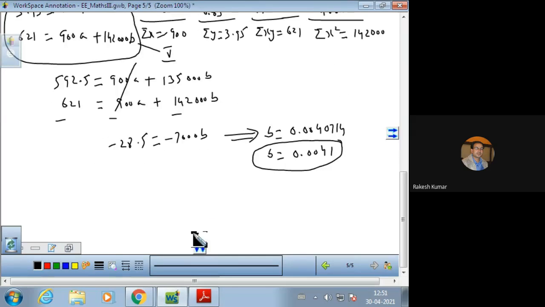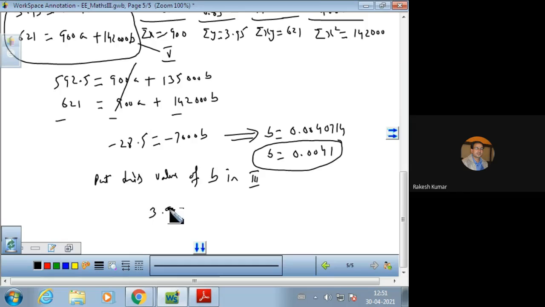Now you can put this value of b in any of the equations. Put this value of b in equation number 3.